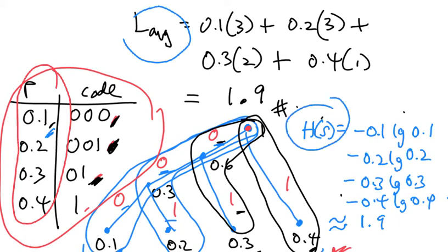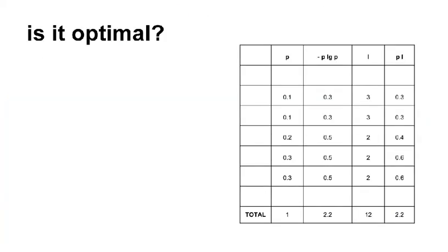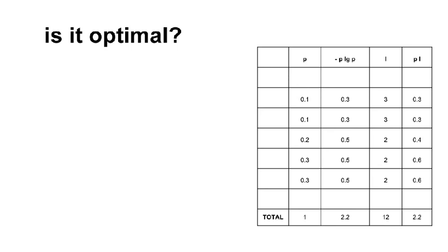Okay, so is the Huffman method really optimal? We need to look at more examples. This is one example that I did in a spreadsheet. What does this table show? We have the probability, the input probabilities. So we have 0.1, 0.1, 0.2, 0.3, and 0.3.